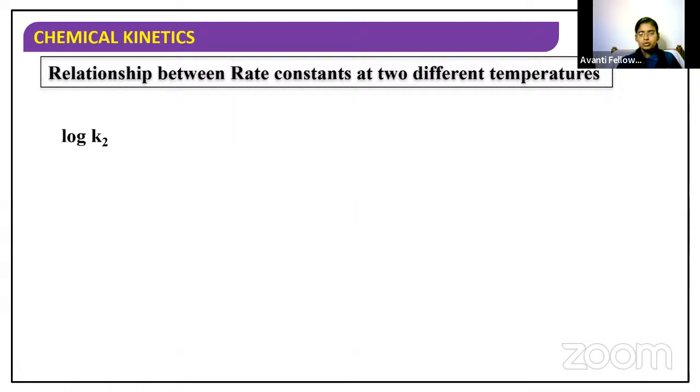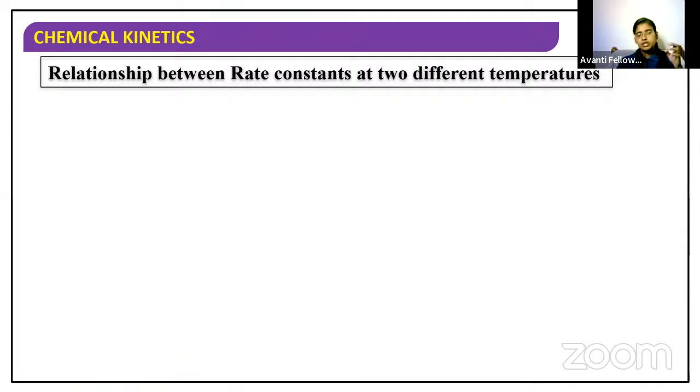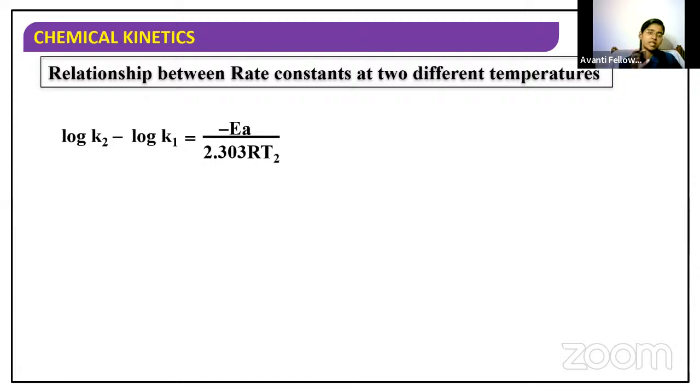Take these two equations, log K1 and log K2, and subtract. We get log K2 minus log K1 is equal to minus Ea by 2.303 RT2 plus Ea by 2.303 RT1.